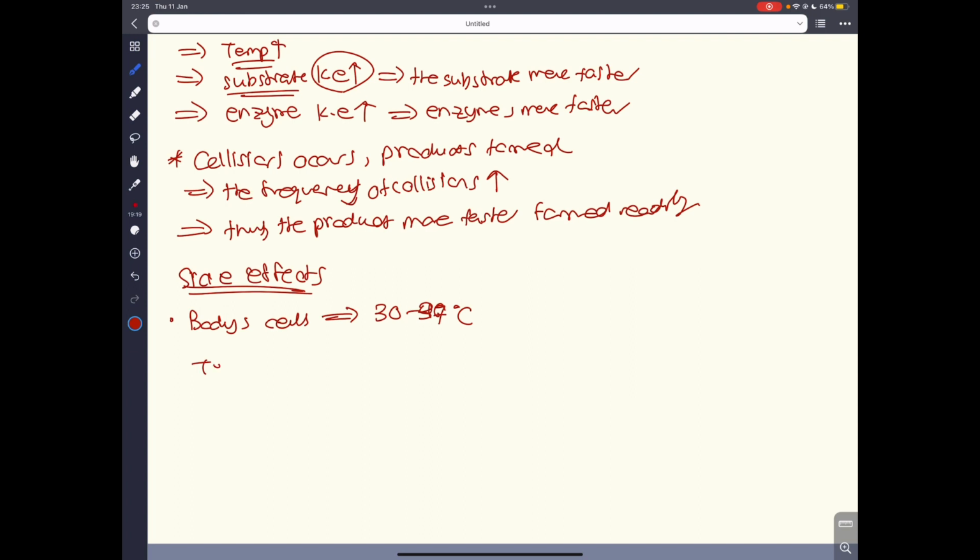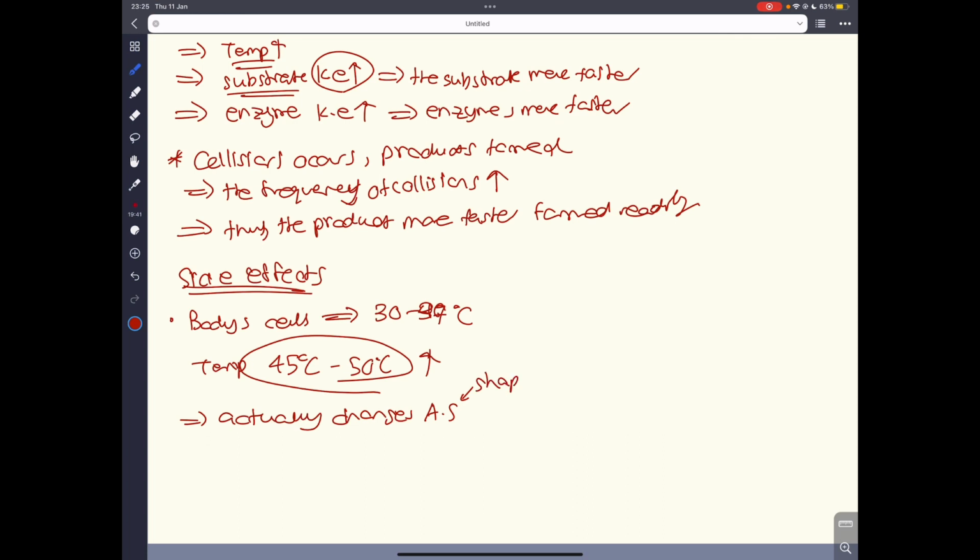Now if the temperature were to be even a bit more, let's say 45 or 50 degrees Celsius, when the temperature becomes really high, it actually changes the active site.